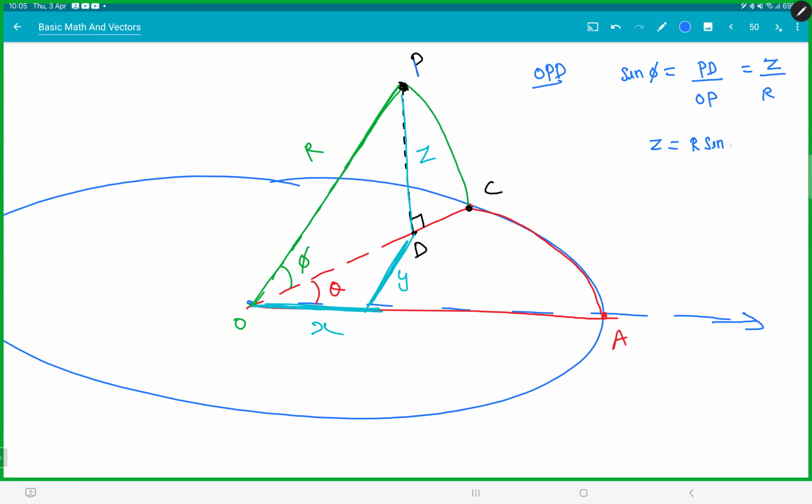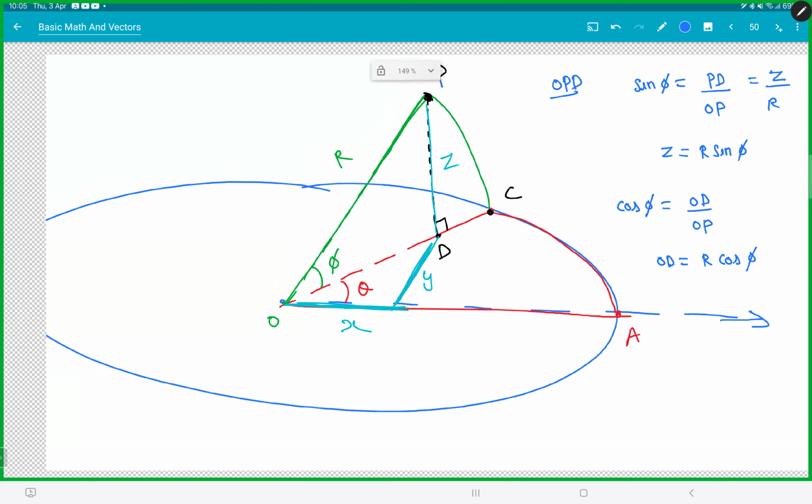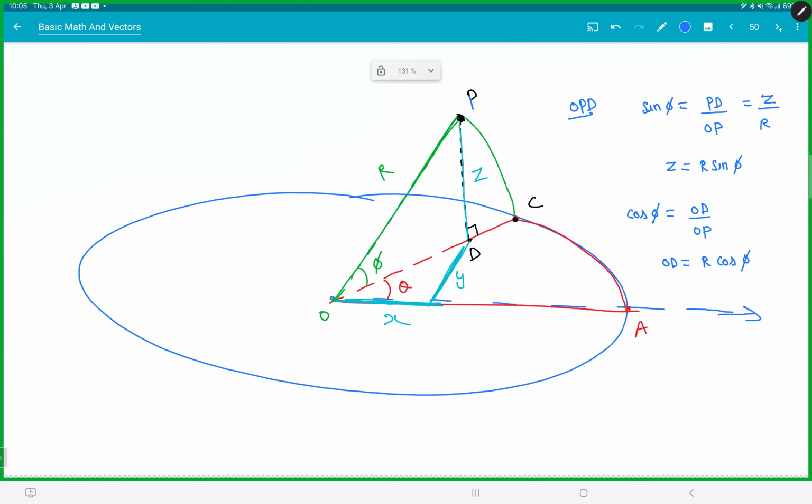Z coordinate came. Agreed, everyone? And in this triangle, what is OD? Cos phi is OD by OP, right? So from here we get OD is nothing but R cos phi. Any doubts on that?